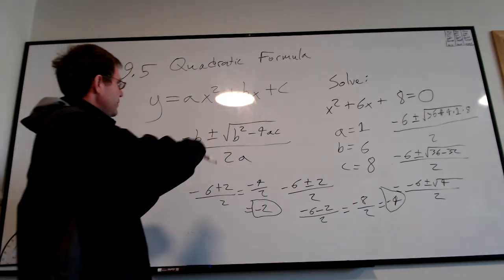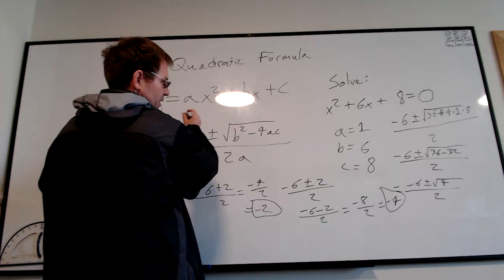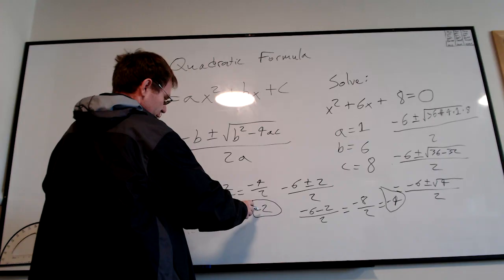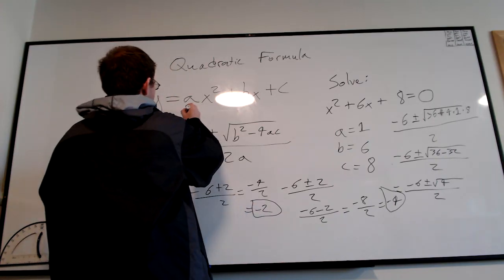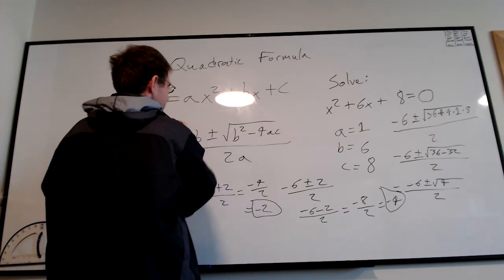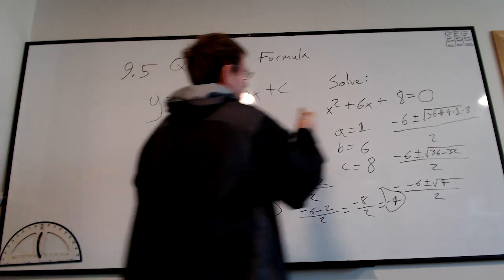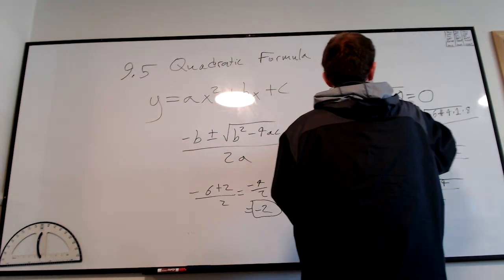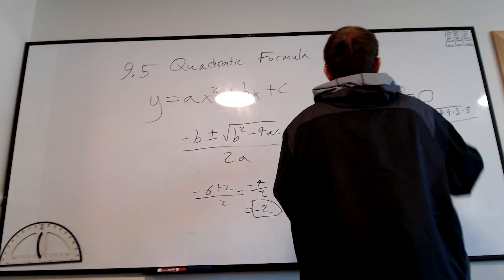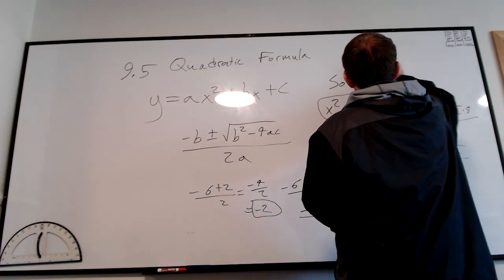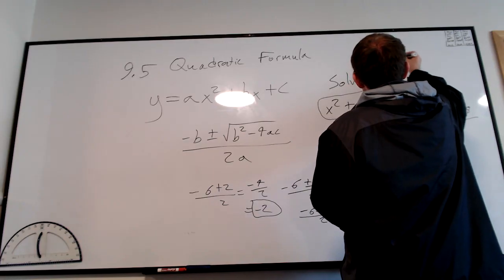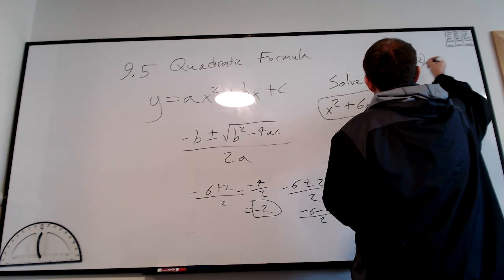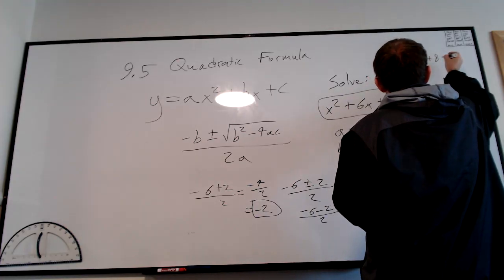So x equals negative 2 for one value, right? So you'd have this formula here. And then you would put in negative 2 for x. So that would be, let's see, negative 2 squared plus 6 times negative 2 plus 8.